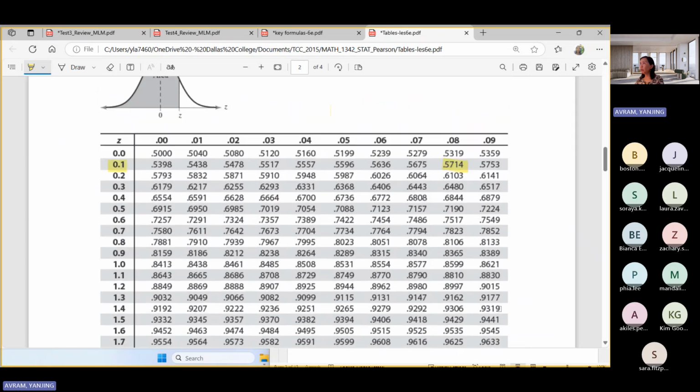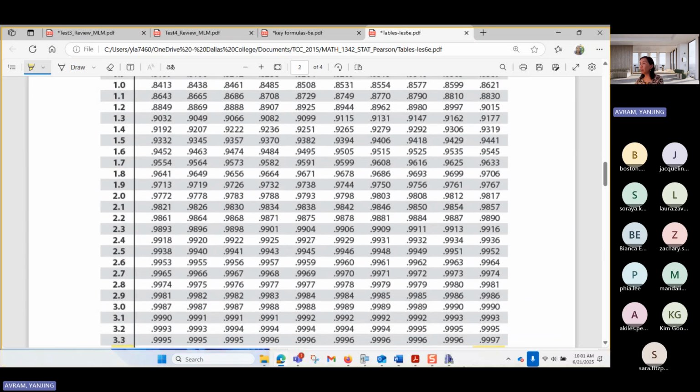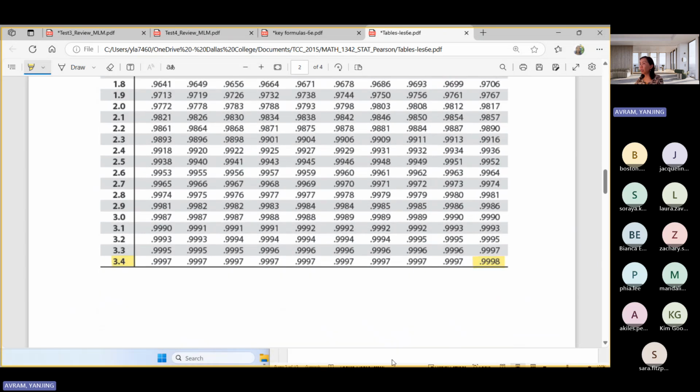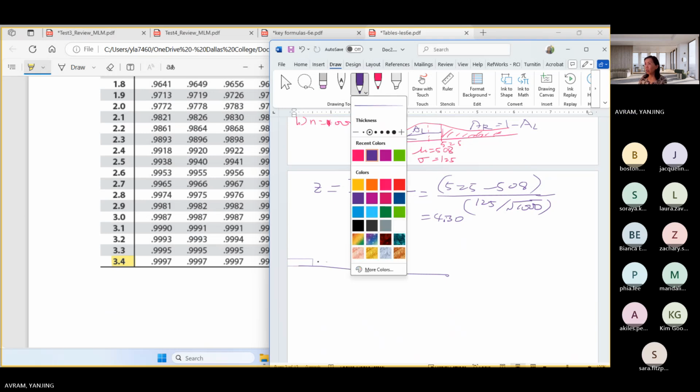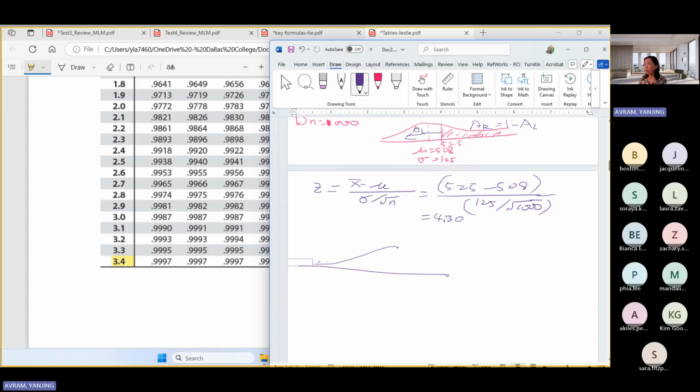All right, so you can see the bell curve character, right? This bell curve, the majority is in the middle. All right, this curve can go really, really long, but the majority is in the middle, right?